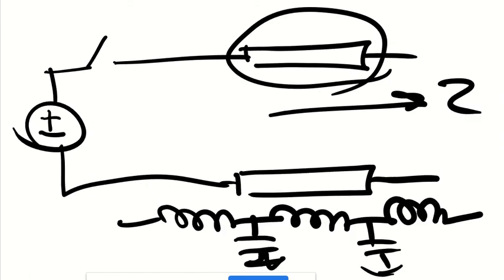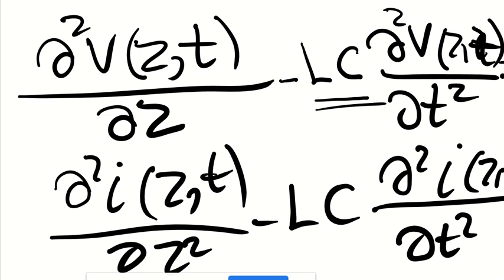So the moral of the story is that by now you should look at your coaxial cable as a combination of inductors and capacitors. And then some physicists and mathematicians model the voltage and current that go through it.